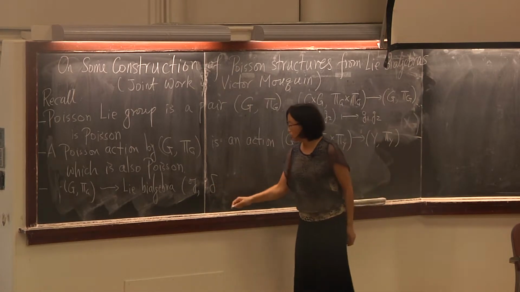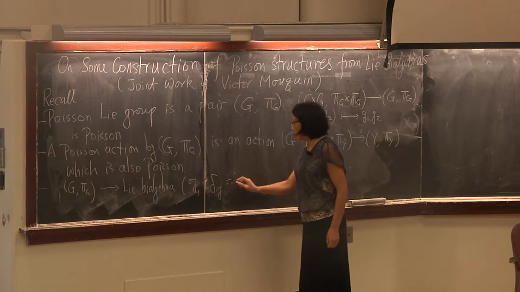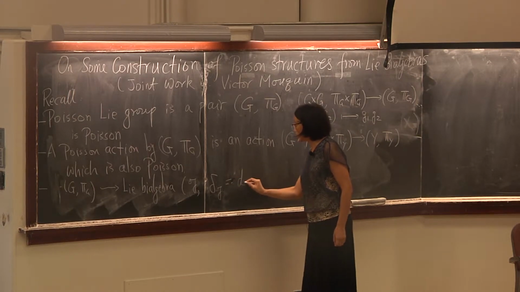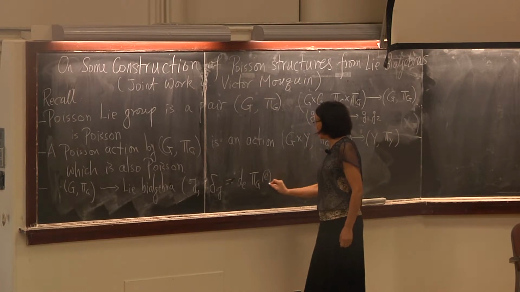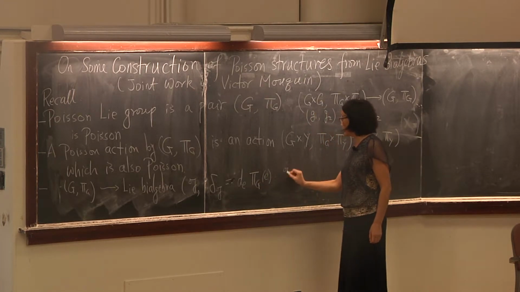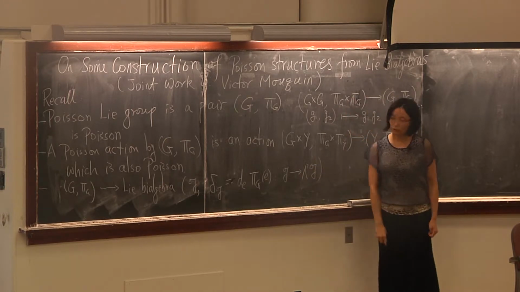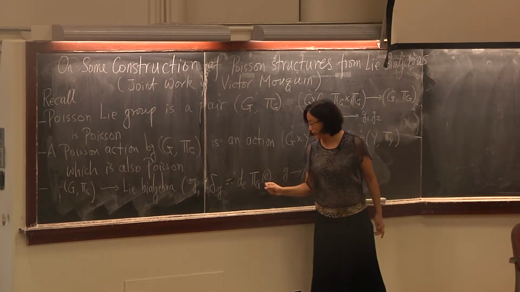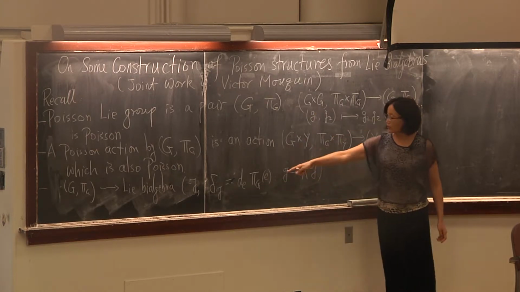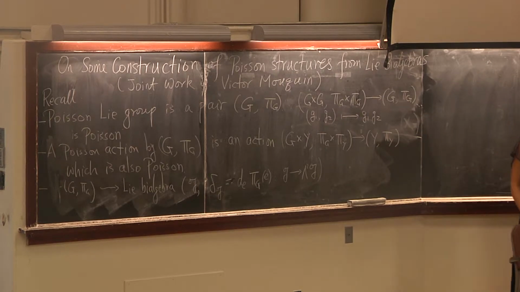It is a Lie algebra together with a cocycle, which by definition is the linearization of the Poisson structure at the identity. It is a linear map from g to the wedge 2 of g. Because the Poisson structure vanishes at the identity, you can linearize it. If you dualize, this is a Lie bracket on the dual of the Lie algebra.